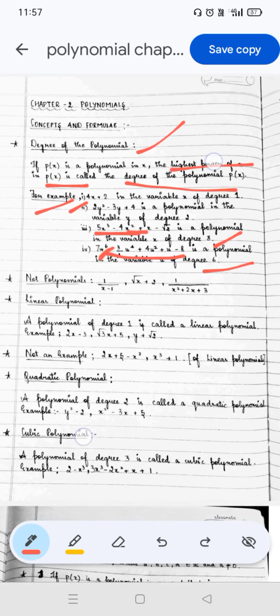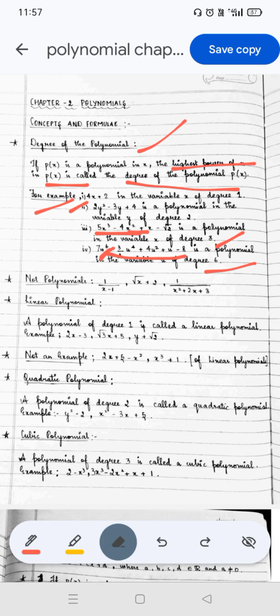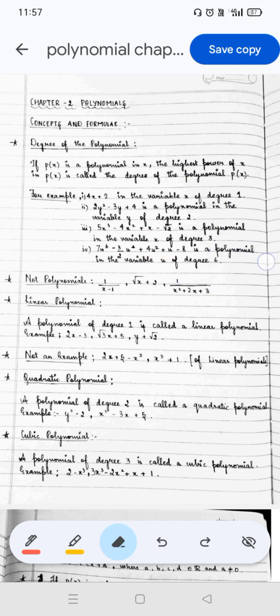Now similarly over here, if we say 1 by x minus 1, root of x plus 2, and 1 by x square plus 2x plus 3, these are not polynomials at all, right? These are examples of not being polynomials.